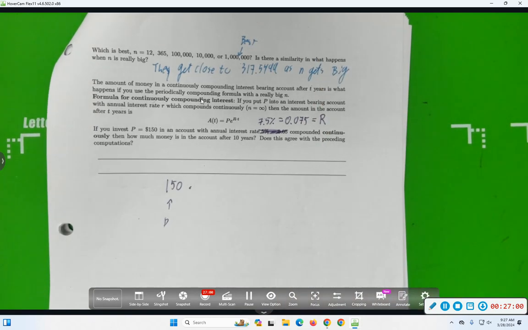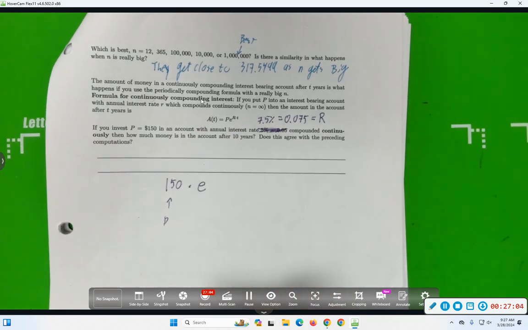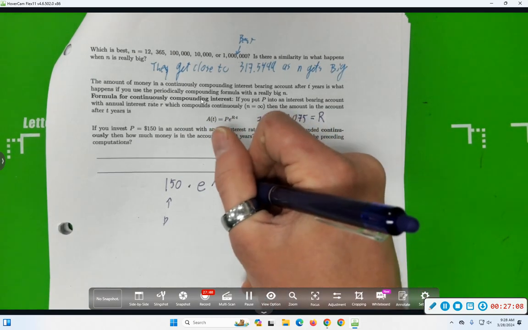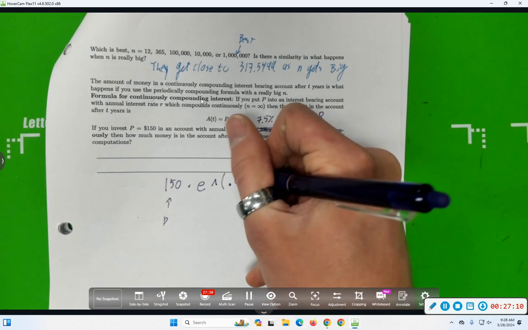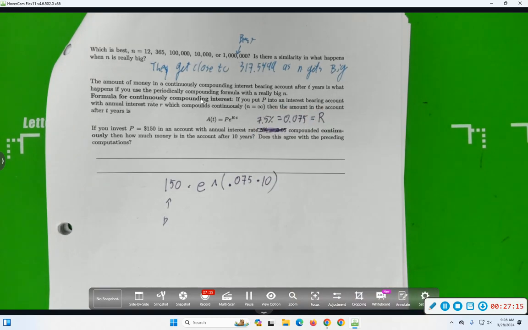And let's put the money in the account for those same 10 years. So 150 times Euler's number raised to the interest rate r, 0.075 times 10. And let's see what we wind up with. Hopefully, it's really close to the numbers that we were getting on the previous examples.